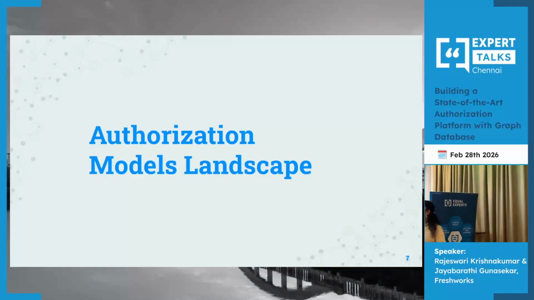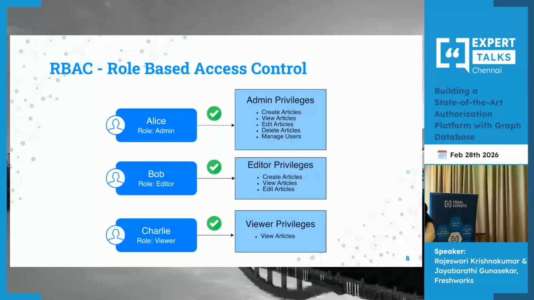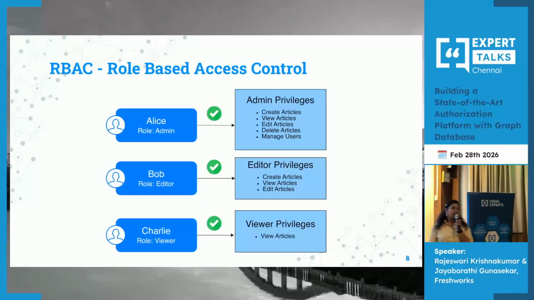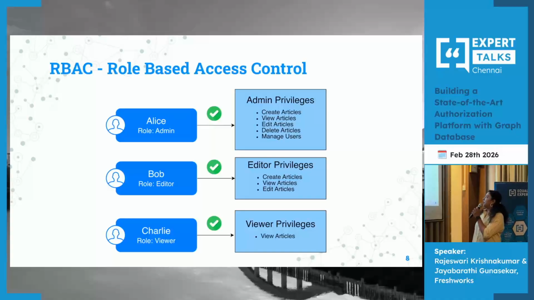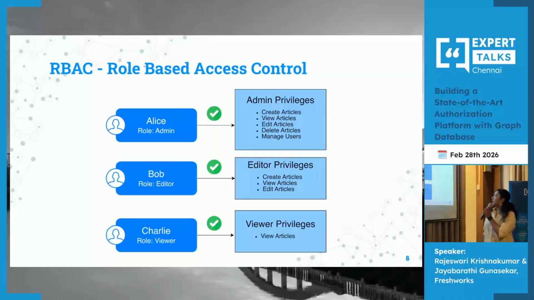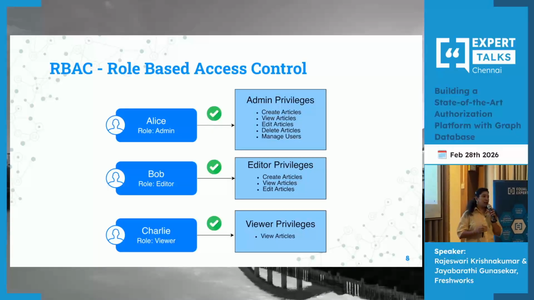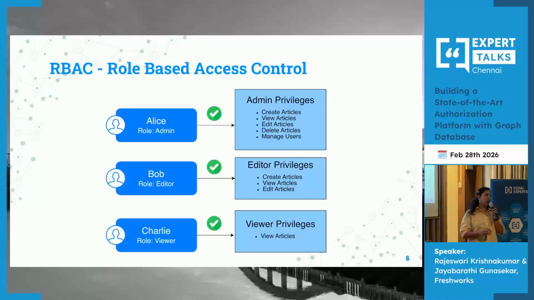Let's also see the different authorization models landscape that are available today. First one, the most common one, is RBAC, role-based access control. So let's say you have three users and all of them have different roles associated with them. Role-based access control simply says a user with this particular role is allowed to do this set of actions, right?